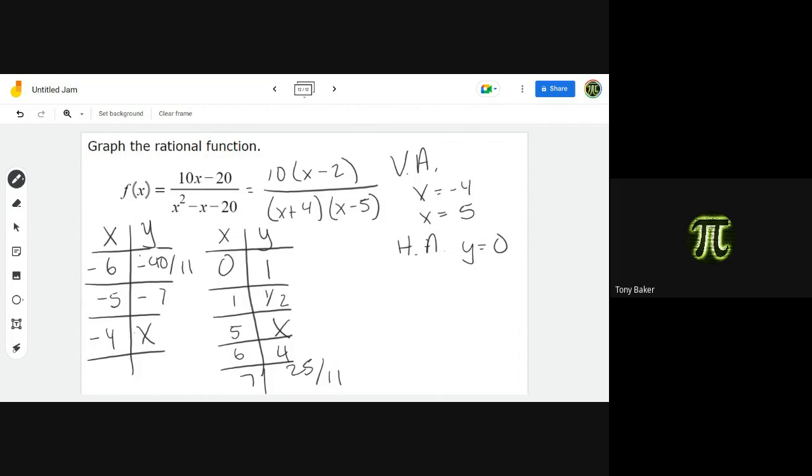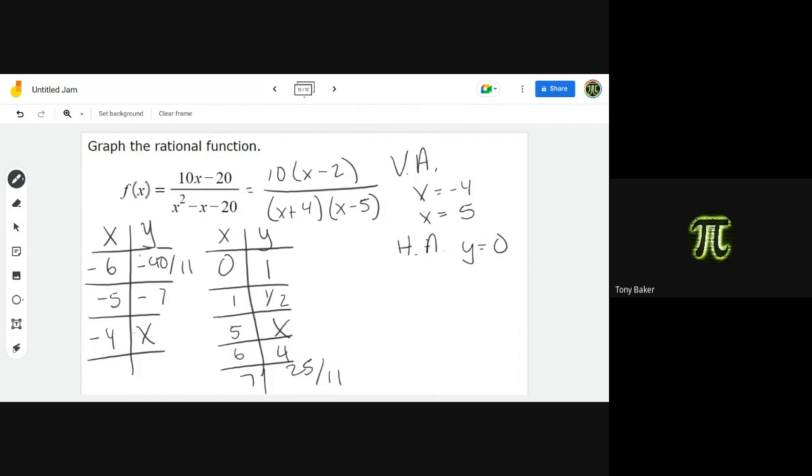Oh, actually, I lied. This one only wanted 1 point in each section. And it says, plot the intercepts, and plot at least 1 point on each side of the vertical asymptote.